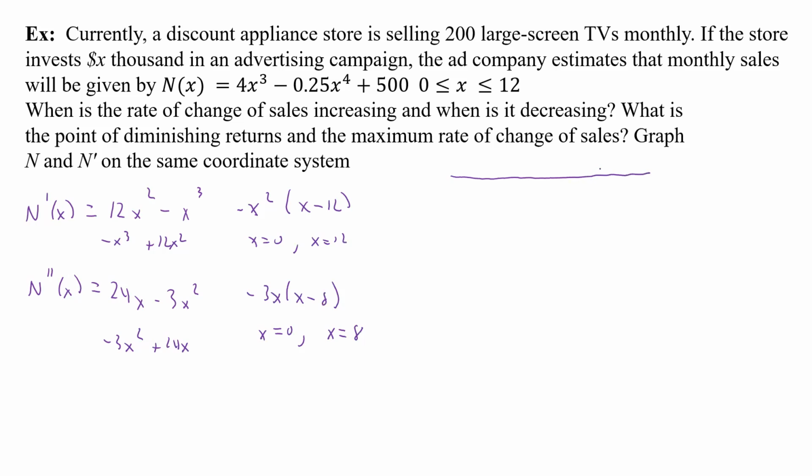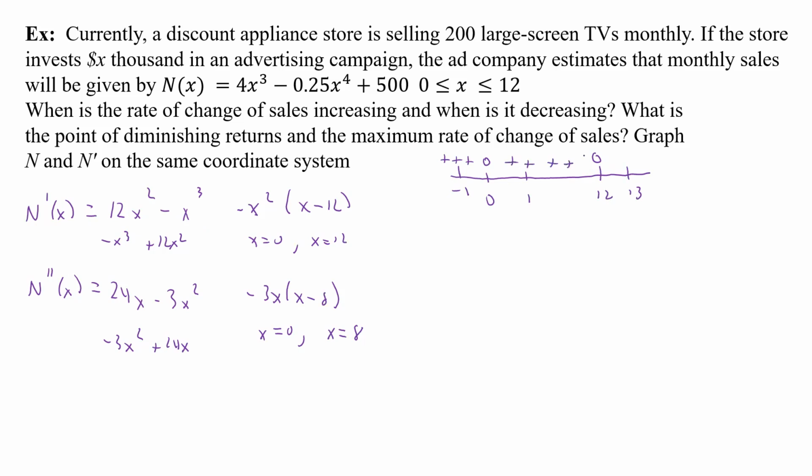We have a 12 point and a 0 point, and so we could choose a -1, maybe a +1, and maybe a 13. Now, these are not going to have any problems, so those will be points with zeros. If we plug in the -1, that's going to be positive. Plug in 1, that's still going to be positive.